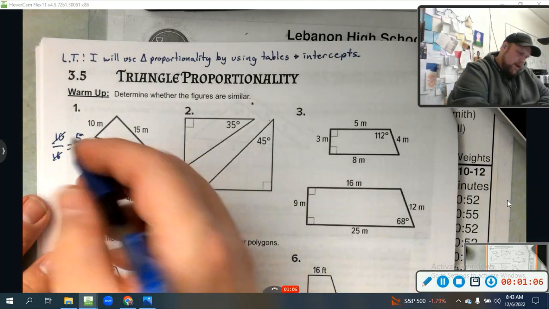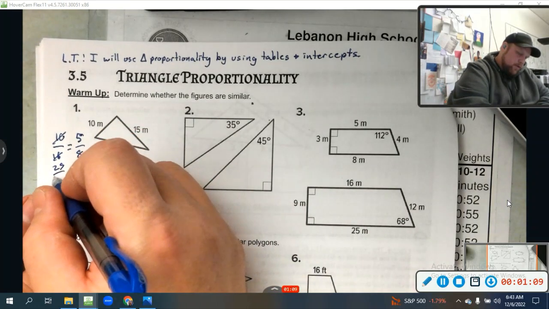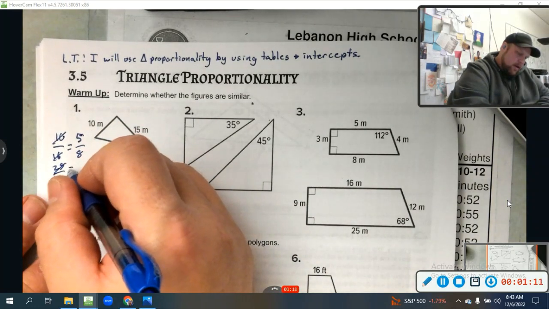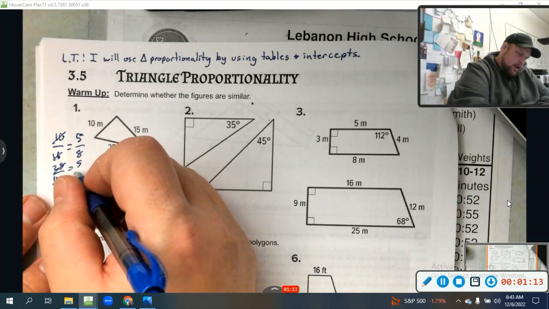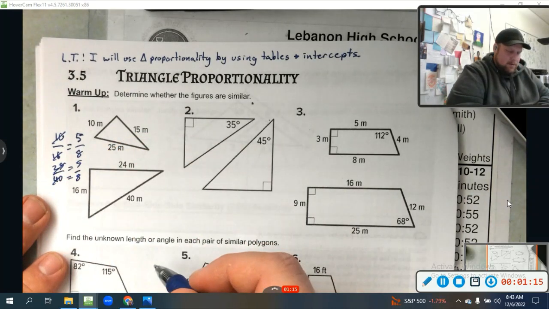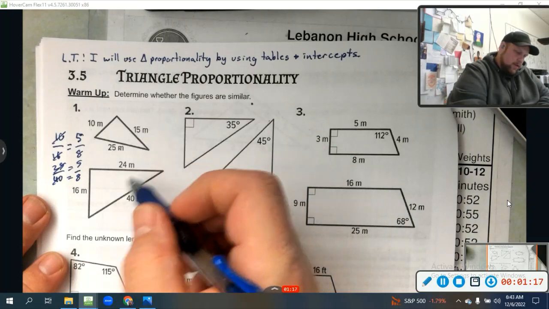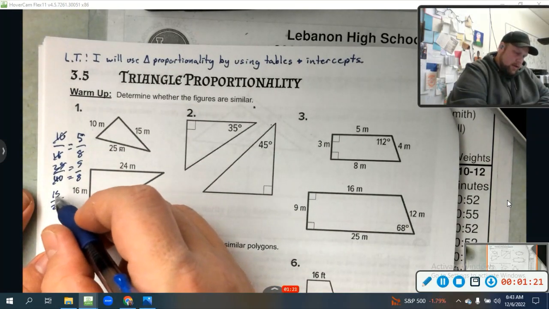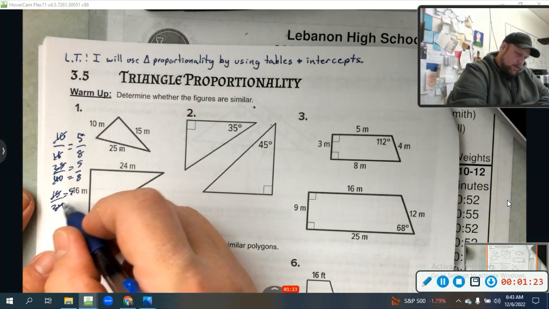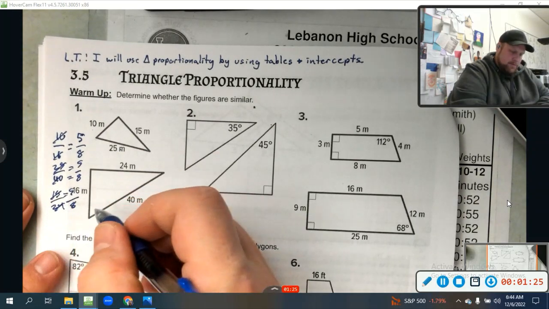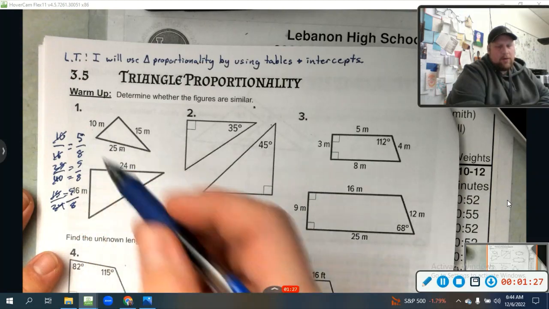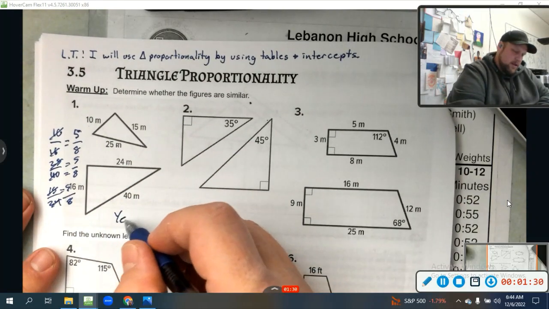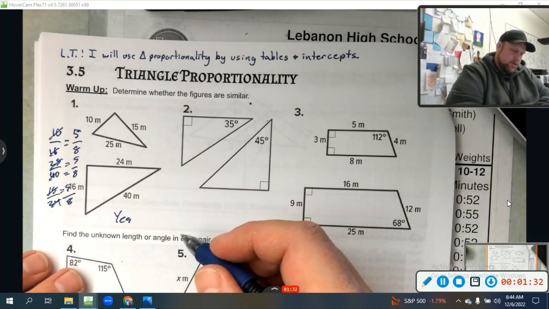I'm going to match 25 to 40. 5 goes in there 5 times, 5 goes in there 8 times. And then the last one, 15 to 24. That one looks a little sus, but 3 goes in there 5 times. Look at that, 3 goes in there 8 times. Boom. All equal 5/8. Therefore, yes, that is proportional. It's similar.